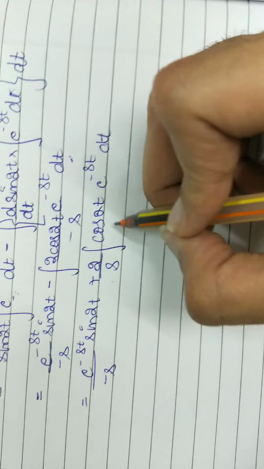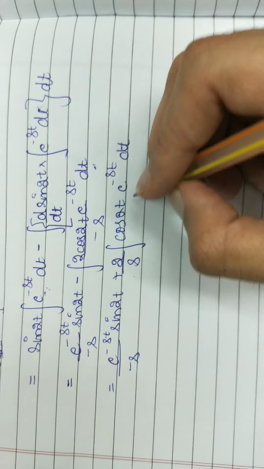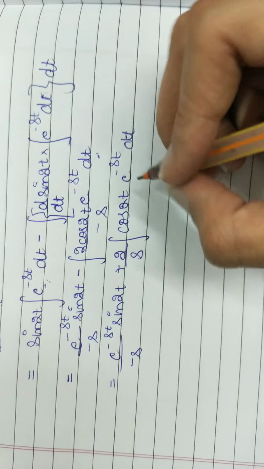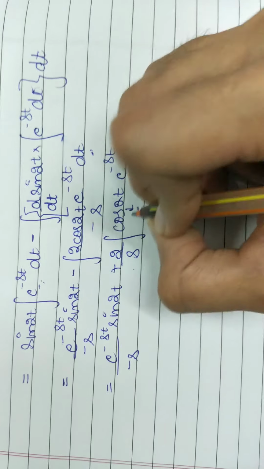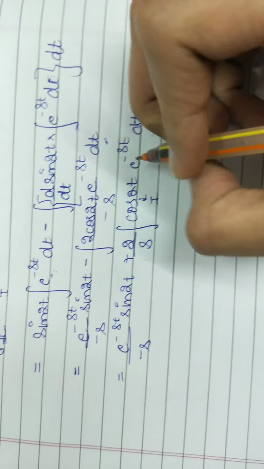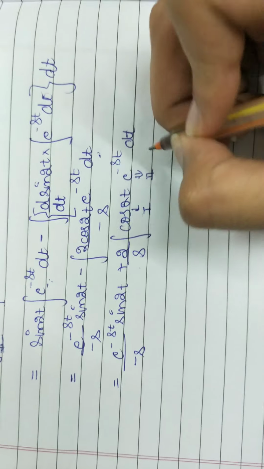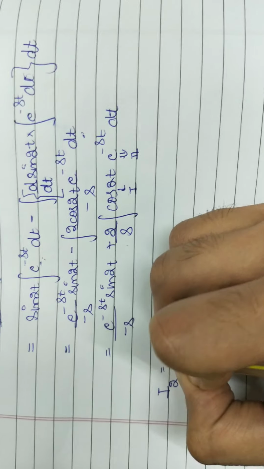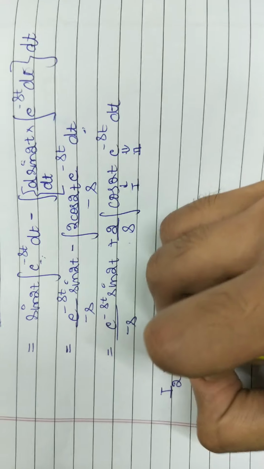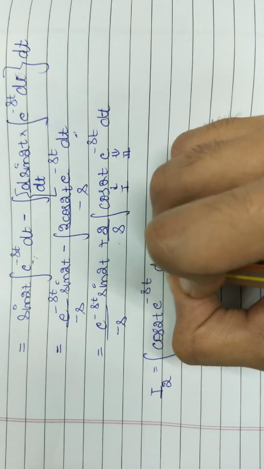Now this integral can be solved once again by using integration by parts. So I'm going to use that. I'm going to once again take this trigonometric function as my first function and this exponential as my second function, and I'm going to name this integral as I2, that is cos 2t e raised to power minus st dt.